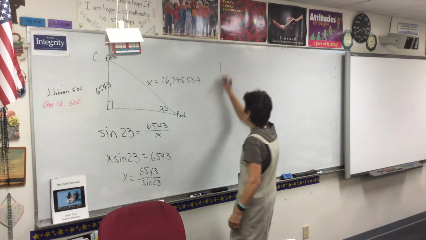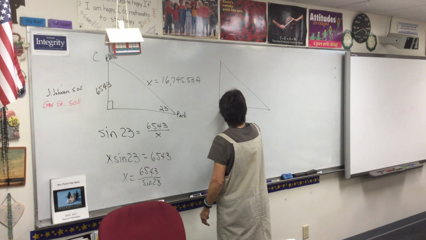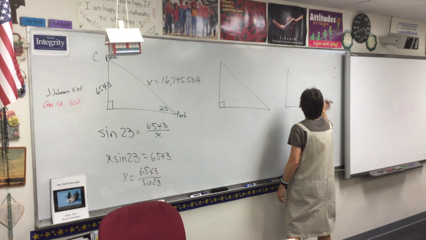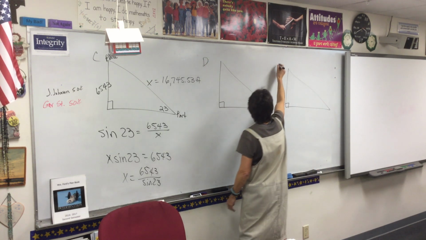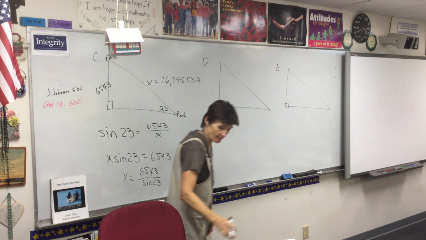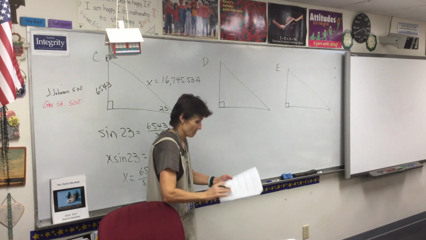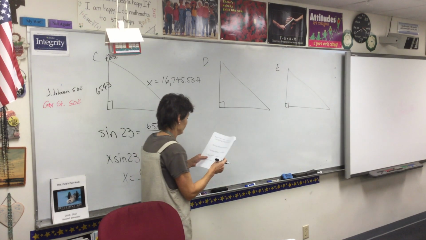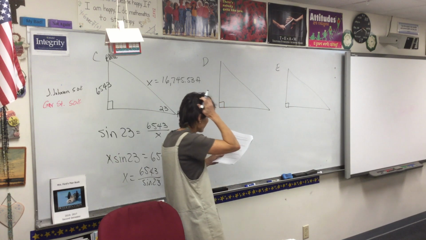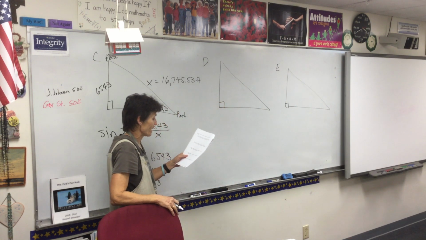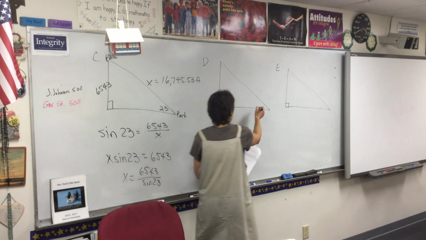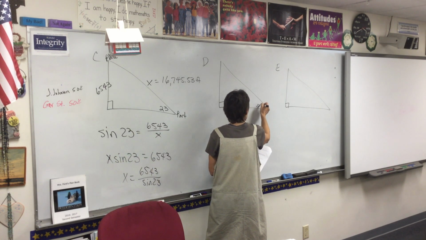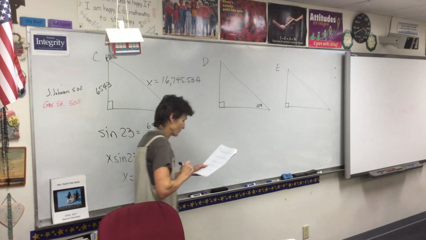Two more. What do we got this time? We got a flagpole. It's making a shadow 31 feet long when the angle of the sun is 29 degrees, sorry, 29 degrees.